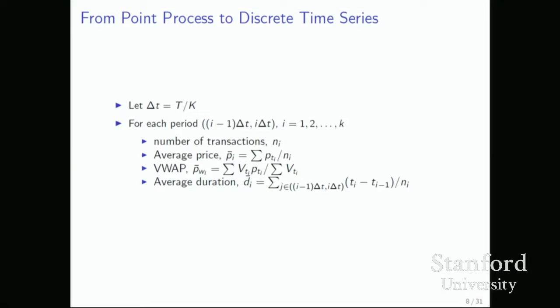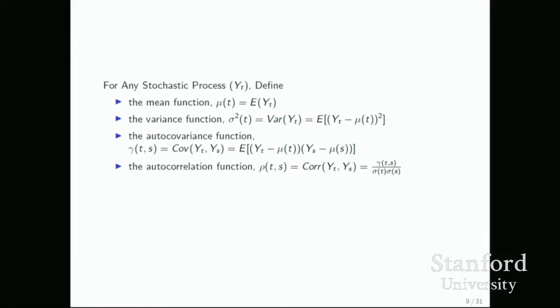Once you go to the discrete time series, there are a few concepts that I would like you to know. The first one is, for any stochastic process, there is a mean function, there is a variance function. You can have functions of higher order too, but in finance, the focus has been mostly on the average and the variance.